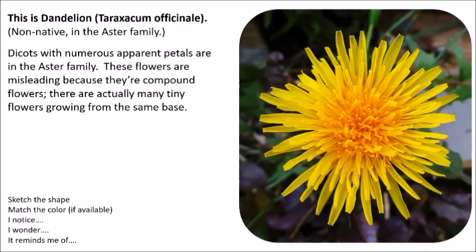And you really get a good sense of this when the seed head opens on a dandelion, right? You have all those little wishes attached individually to the seed head, and each one of those represents the seed or the ovary of a single flower in that group of flowers.